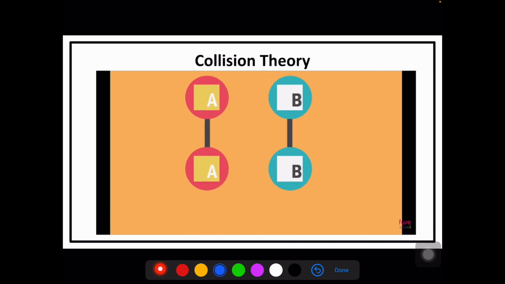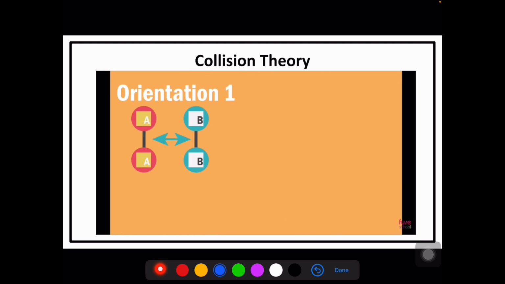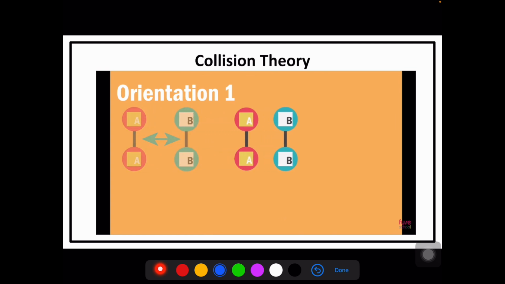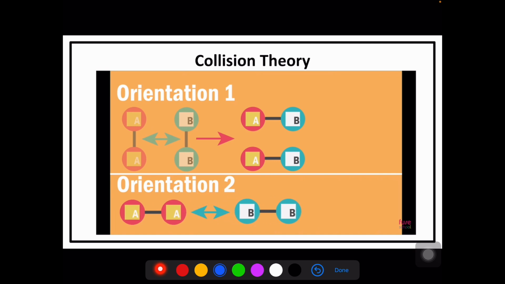These two diatomic molecules can collide in many different orientations, but consider the two orientations here. In orientation 1, the two diatomic molecules A2 and B2 are in the correct orientation to react. In orientation 2, they are not, and so no reaction occurs.